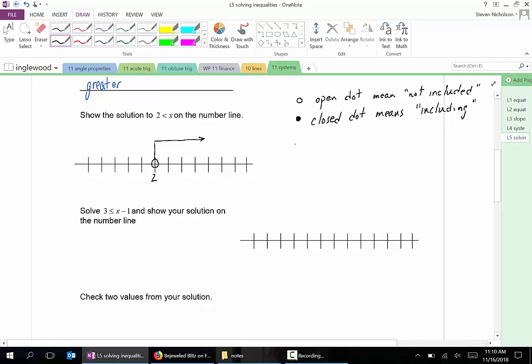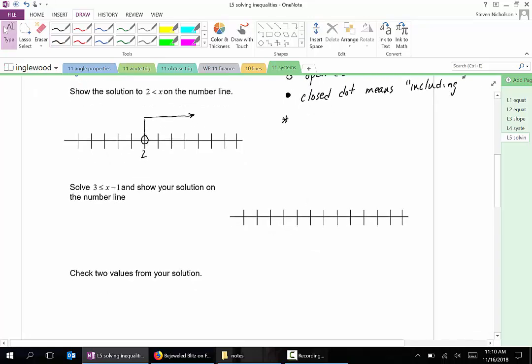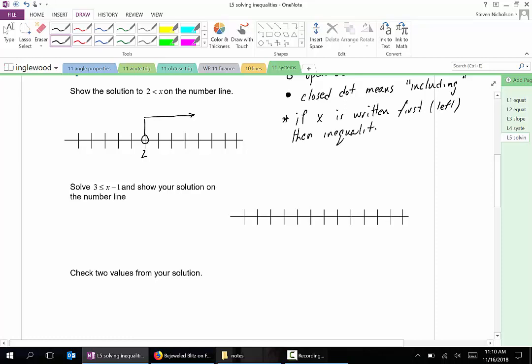Now, this is how I would always get in the habit of answering an inequality. I would always write the letter first. And we're always going to use x. If x is written first, meaning on the left, then the inequality points to the answer on the number line.